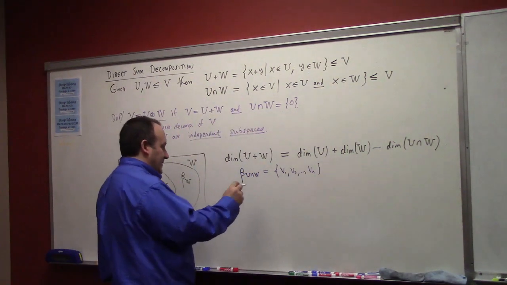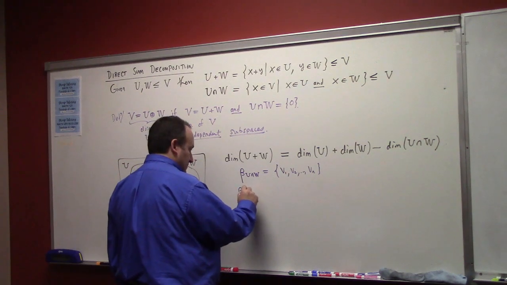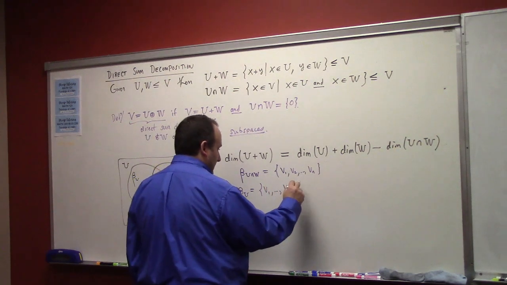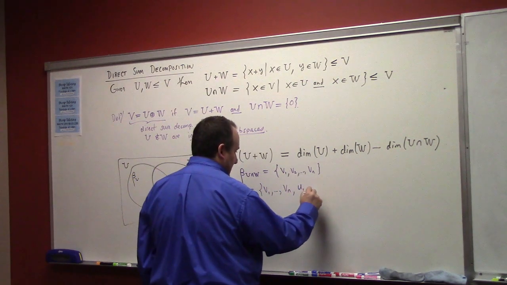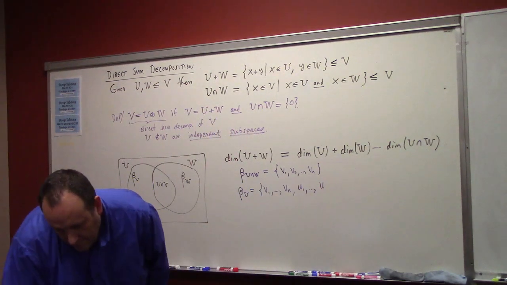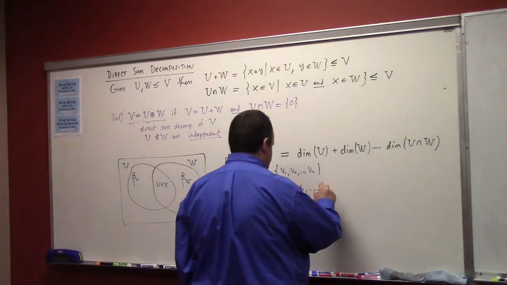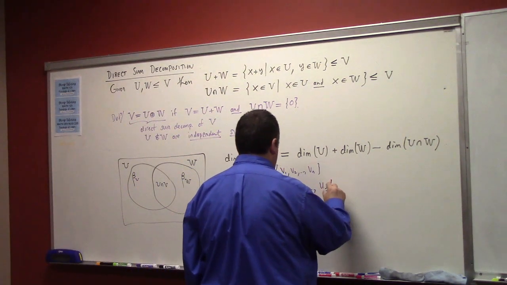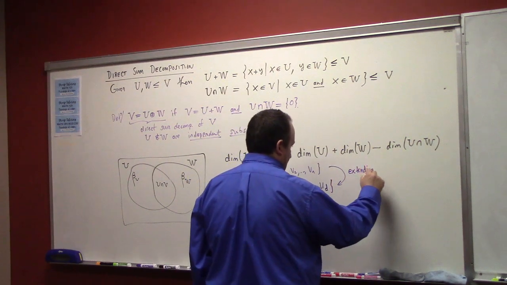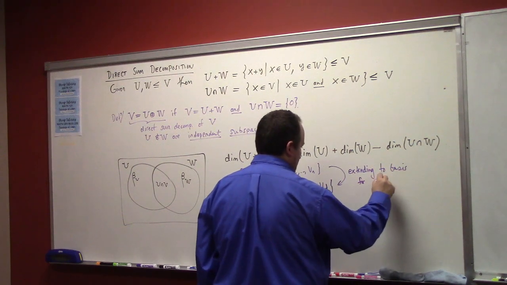And then I extend this to a basis for U. So I've got V1 through Vn, and then U1 through UD, I guess. All right. So extending, that's a basis for U, right?